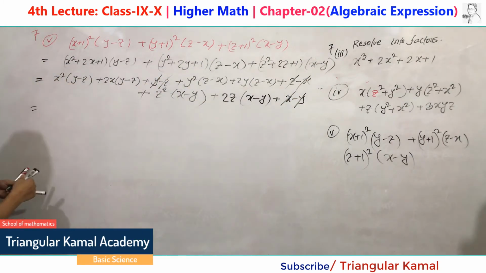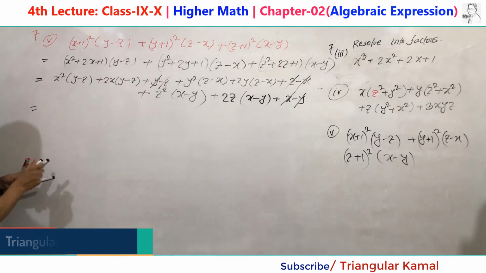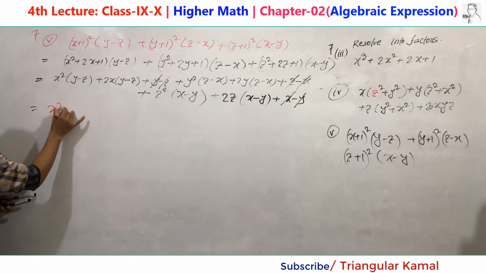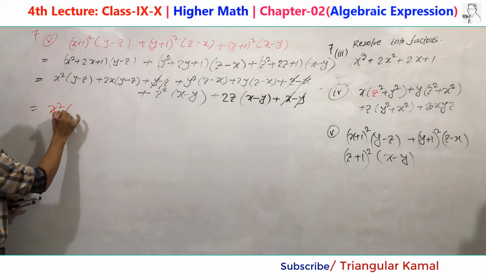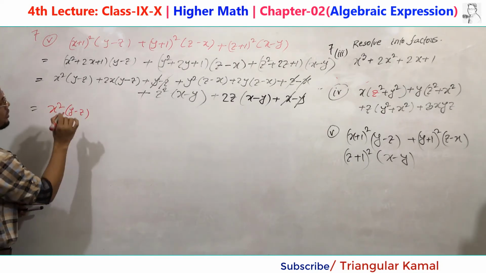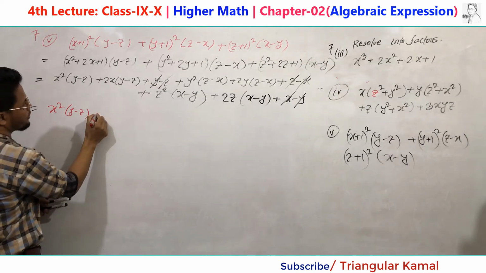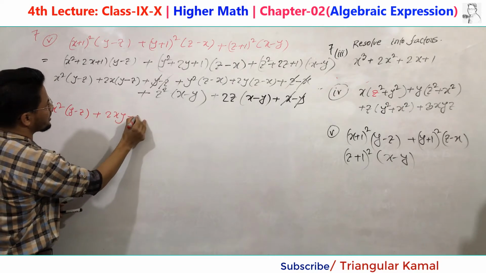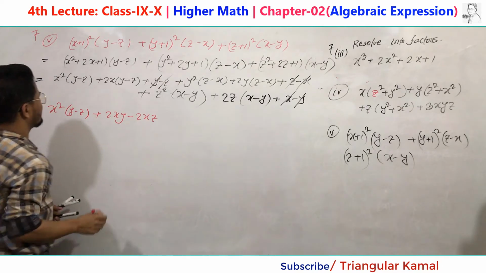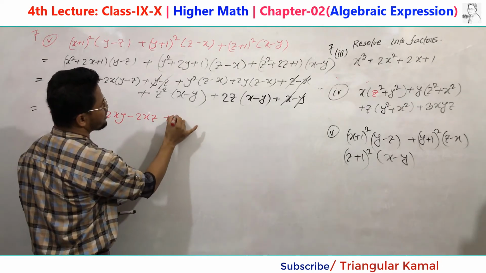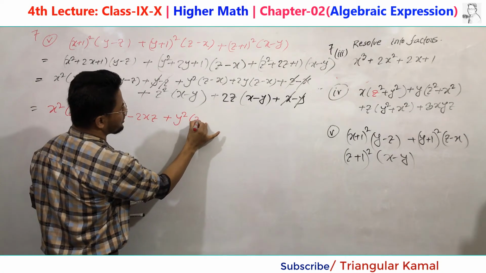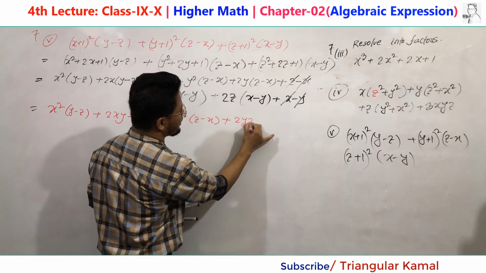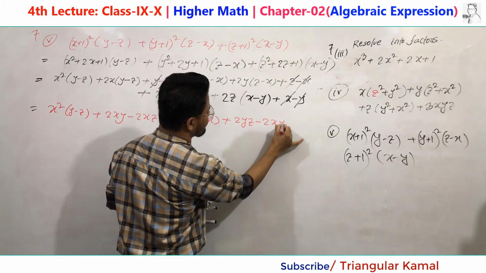Now do here, if we do multiply here, x square multiply with y minus z, plus twice xy minus twice xz. And here also similarly y square multiply with z minus x plus 2yz minus 2xy.